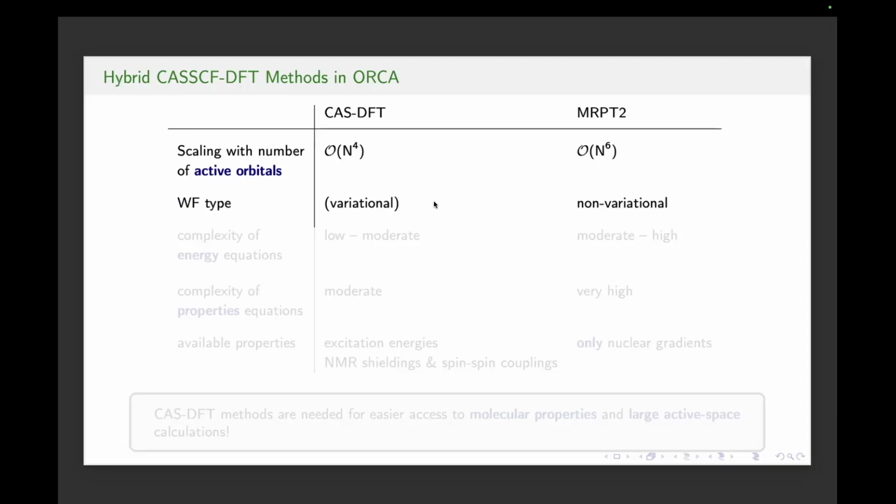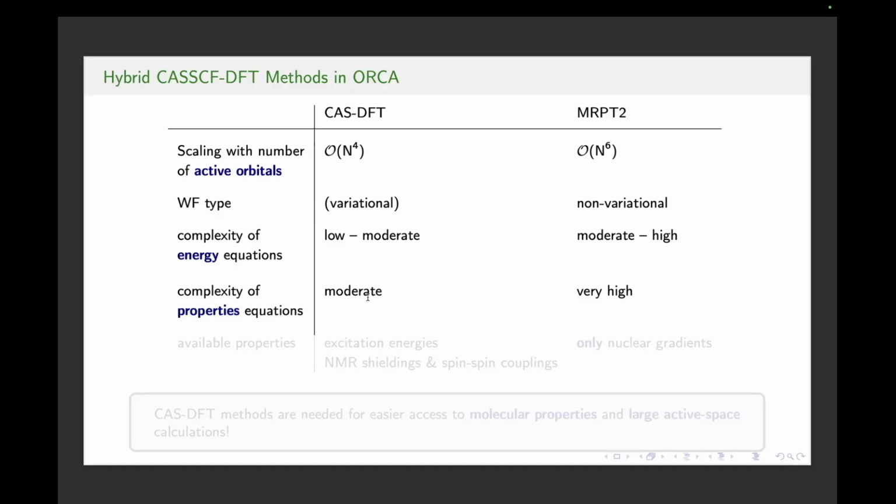For CAS-DFT, we can minimize the energy in a variational way for some of the most prominent CAS-DFT approaches, which is very beneficial if you want to calculate molecular properties. MRPT2 is always non-variational. You need to set up a Lagrangian, which complicates the evaluation of molecular property calculations. Looking at the complexity of the energy equations, for CAS-DFT it's low to moderate, and for MRPT2 it's moderate to high.